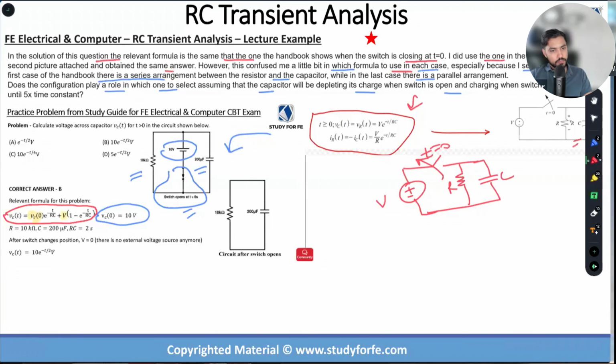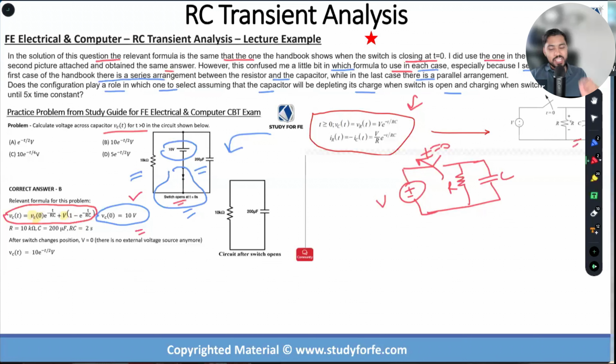Correct? Now, initial voltage, you guys are on board with me, right? VC0 is equal to 10 volt, right? What is the question asking? Is the question asking for voltage across the capacitor as a function of time before switching or after switching? T greater than 0, right?